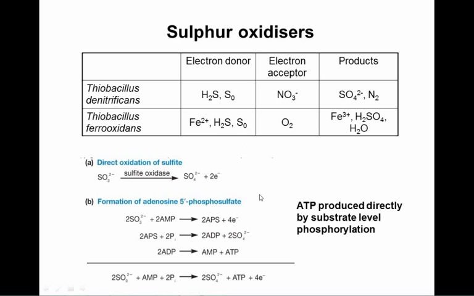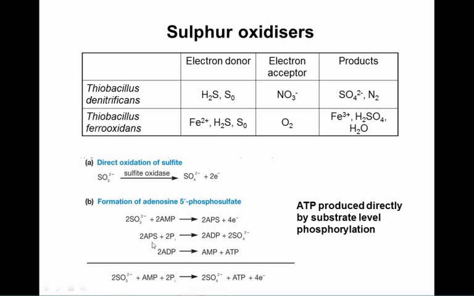Okay, once again, how do you produce NADH and how do you produce ATP? Now sulfur oxidizers have a kind of cute way of making ATP, because 2 molecules of sulfite can be combined with 2 molecules of AMP to produce adenosine phosphosulfate.